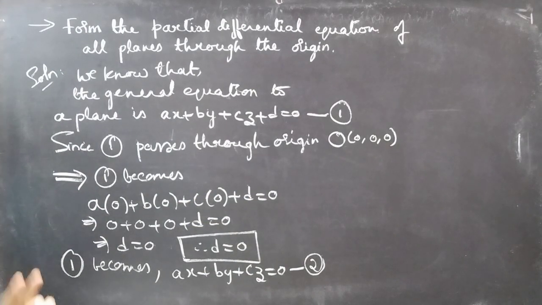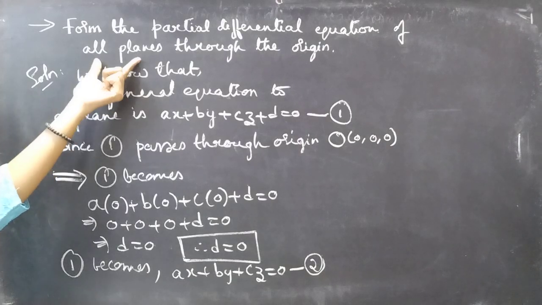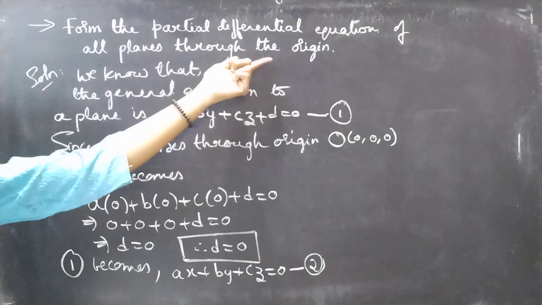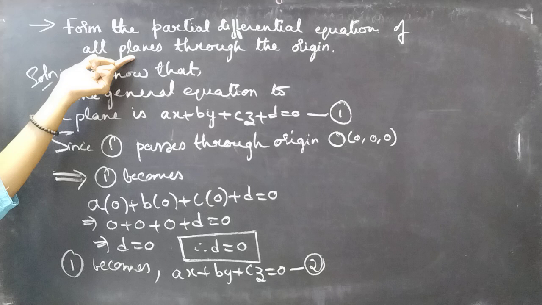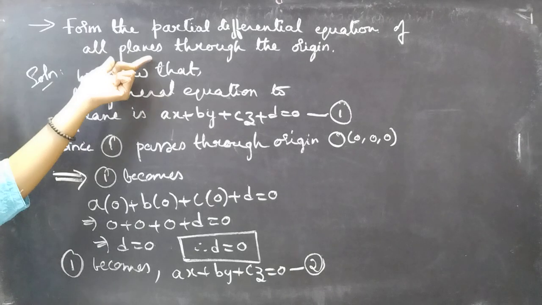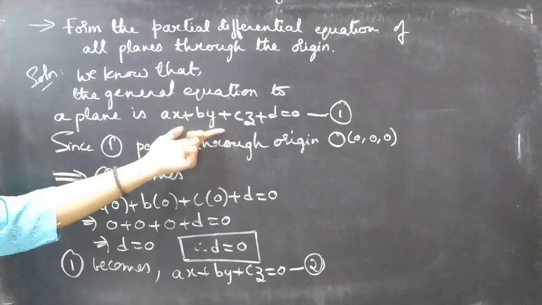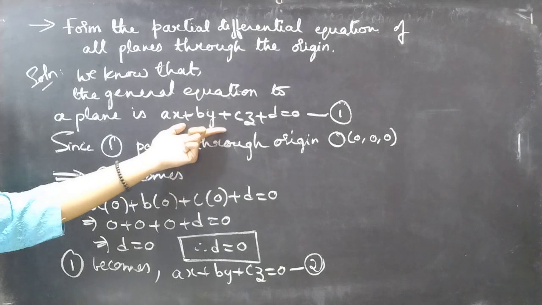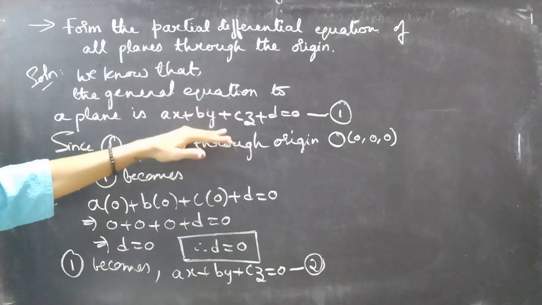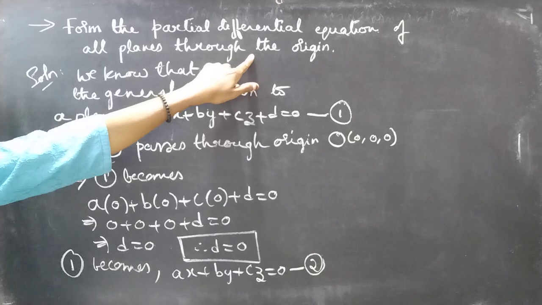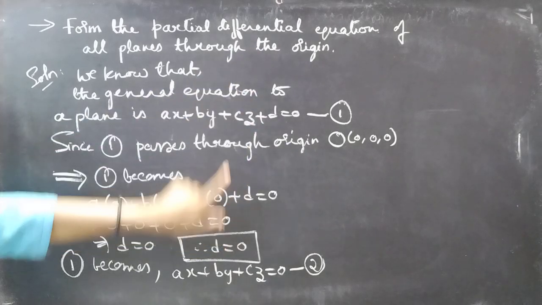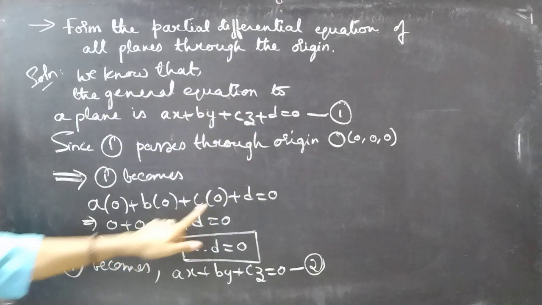See, we are asked to form the partial differential equation of all the planes which pass through the origin. Since we are asked to form it for all the planes, we have considered the general equation of a plane, right? And we are also given a condition that it passes through the origin. So we have shown that it passes through the origin.